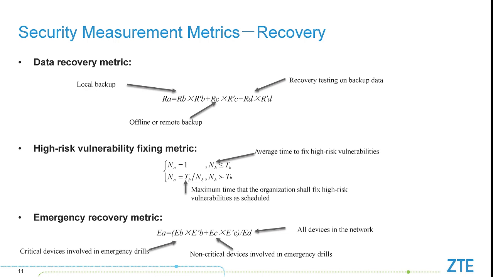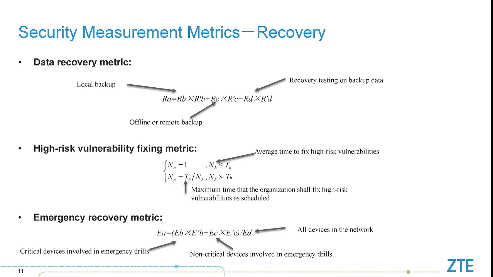In the high-risk vulnerability fixing metrics, we need to decide a threshold in advance and compare the average time of fixing high-risk vulnerabilities with the threshold. If the average time is lower than the threshold, then the test is passed.